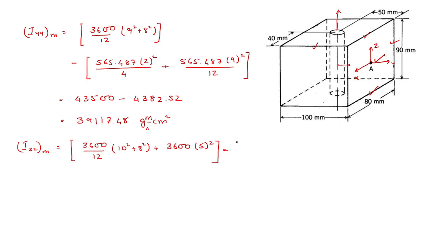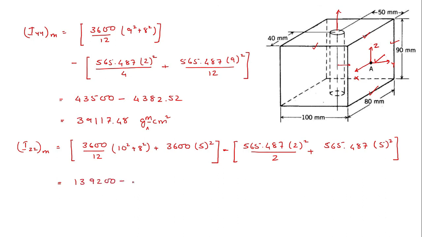So minus 565.487 into 2 square divided by 2, plus now I'll have to use the parallel axis theorem to express it in terms of this z axis here. So this would be equal to the mass 565.487 into the square of the distance between them.